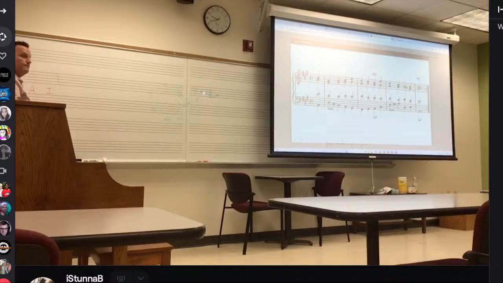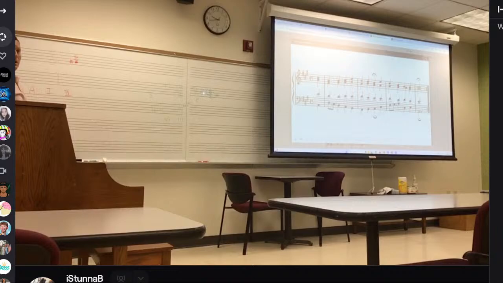G sharp. The chord is going to look like this: G sharp, B, D. What scale degree is G sharp in the key of A? 7. So what type of triad is that? Diminished. So we have our diminished 7.